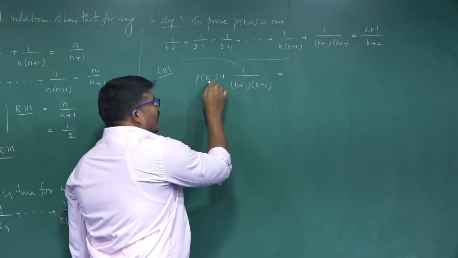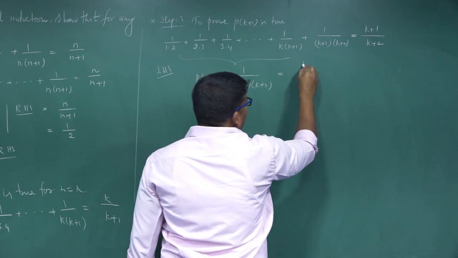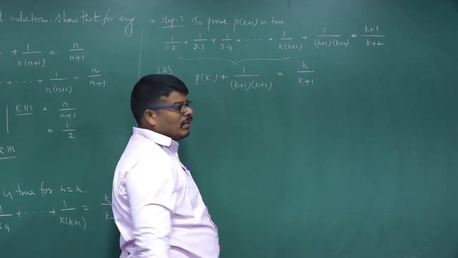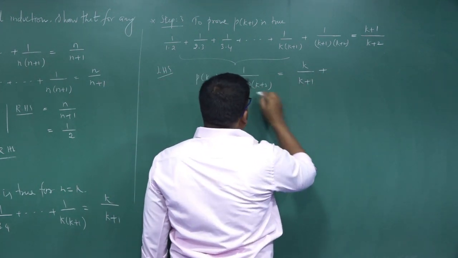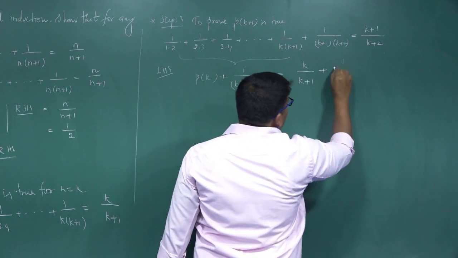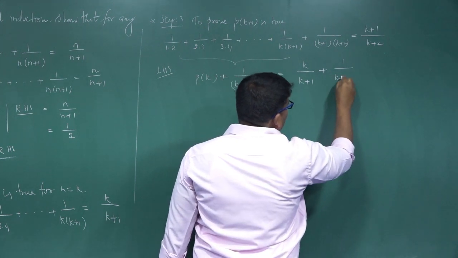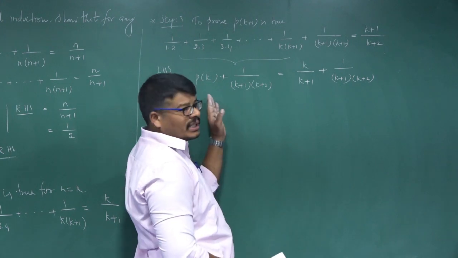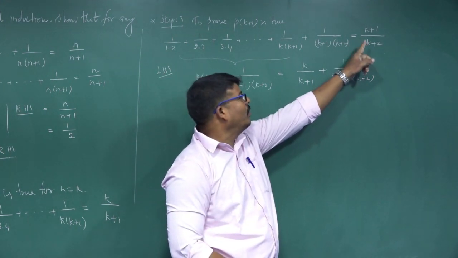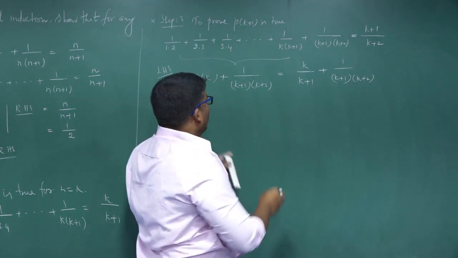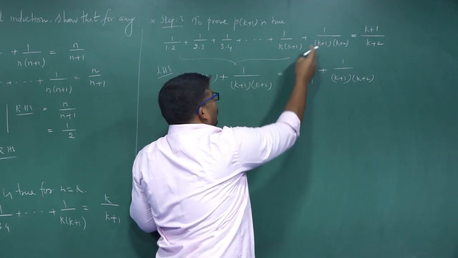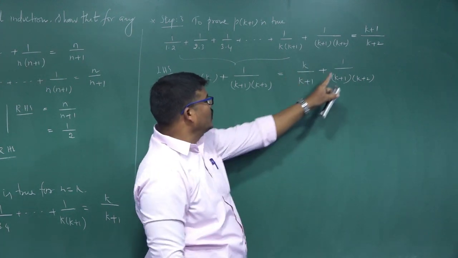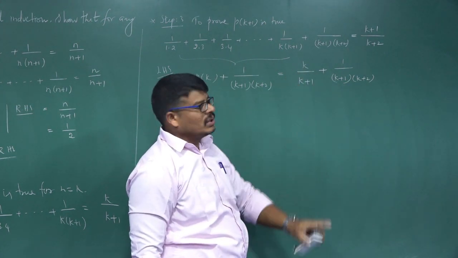Already you know P of k is k by k plus 1. You have to prove LHS equal to RHS, the value k plus 1 by k plus 2. So P of k plus 1 by k plus 1 into k plus 2 equals k by k plus 1 plus 1 by k plus 1 into k plus 2.